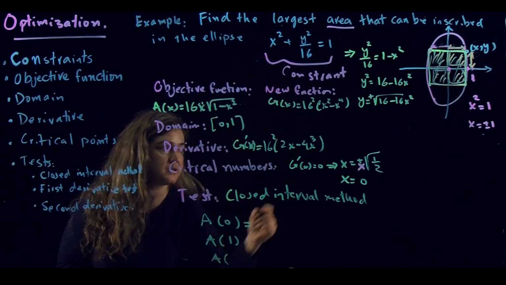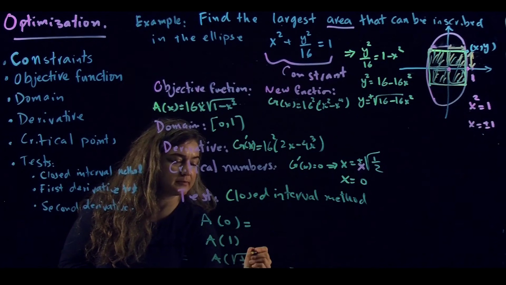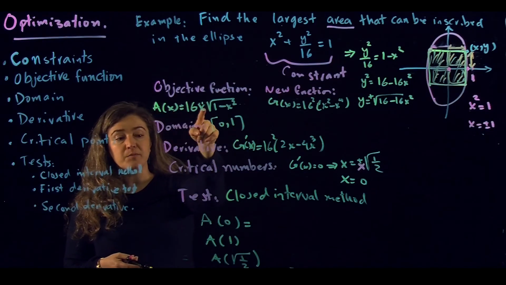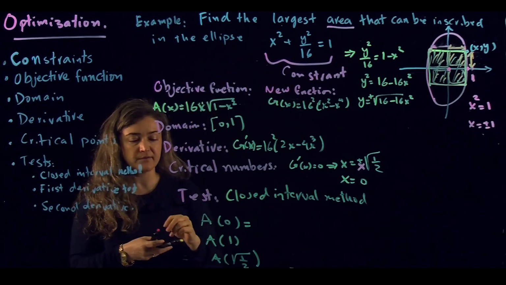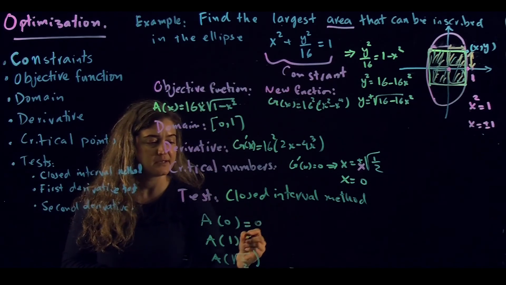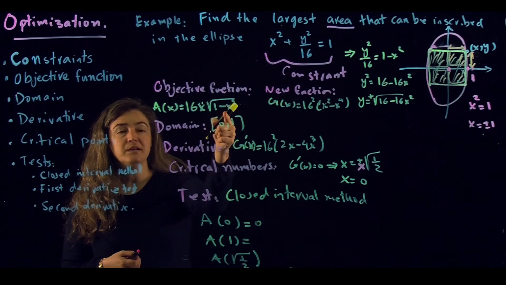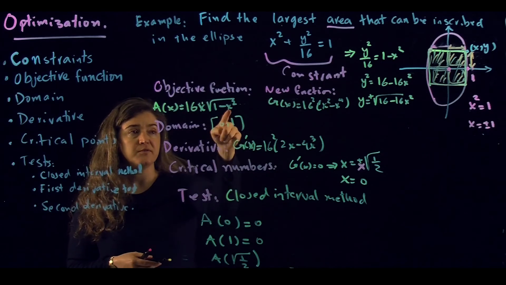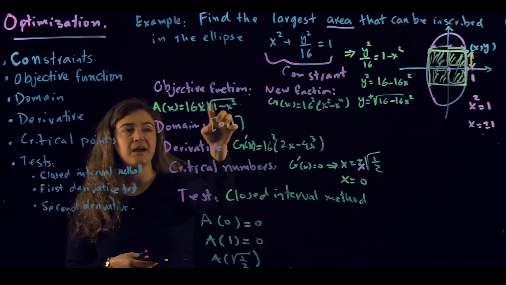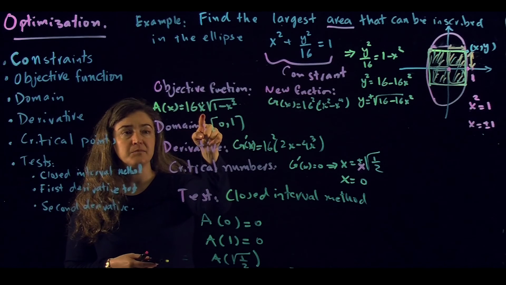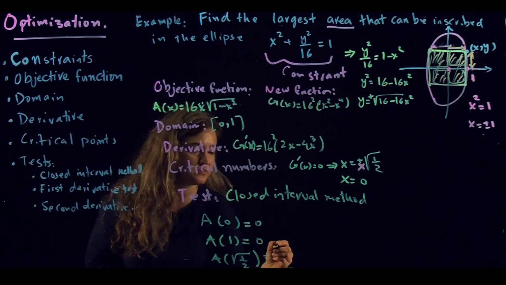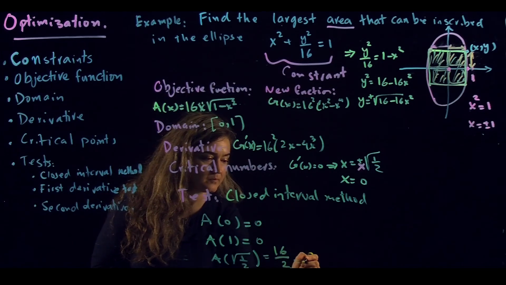And the critical number. Plugging in 0 in the original objective function will render a 0. Plugging in 1 will give you a 0 as well. Plugging in square root of 1/2 gives 1 minus square root of 1/2, which is square root of 1/2 again, times square root of 1/2, and that would be 16 divided by 2, which is 8.